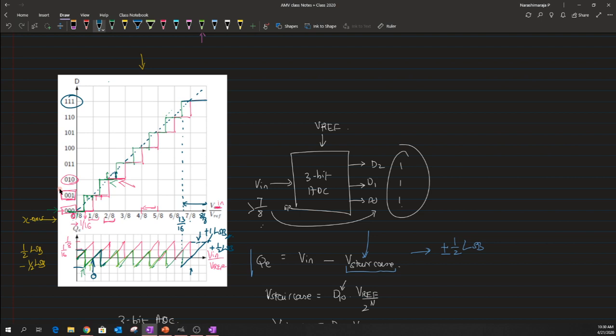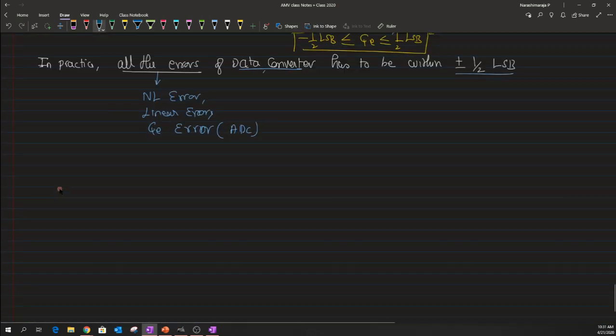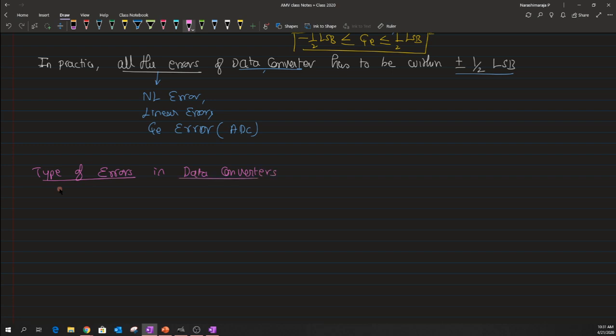So, now let me talk about the different types of errors that are associated with both these data converters, like both ADCs and DACs. This is the type of errors that are common to both ADC and DAC.